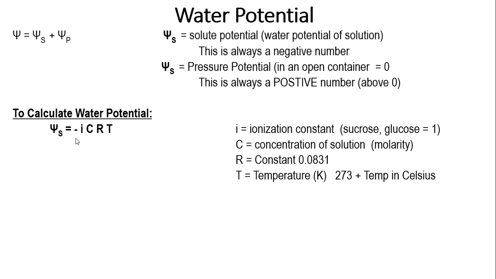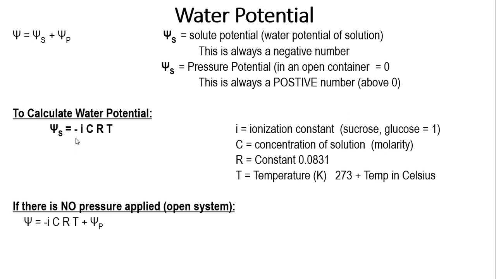Okay. Now, if there's no pressure applied and it's an open system, if you have, for example, a cell in a beaker of water, all right, that beaker doesn't have any pressure on it. So the pressure is considered zero. So your water potential is going to be equal to negative iCRT, which is your solute potential, right?